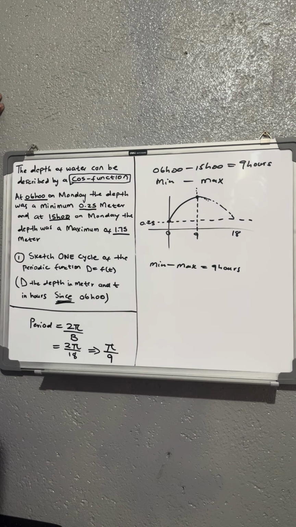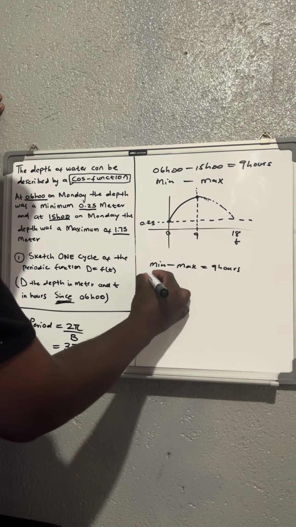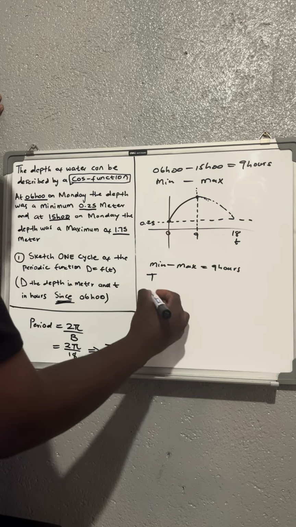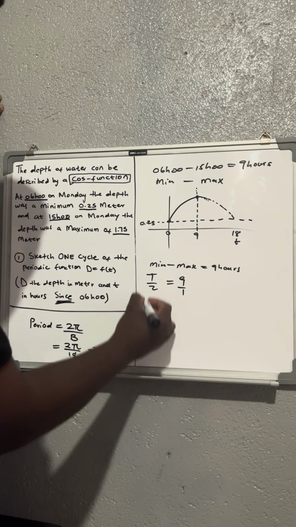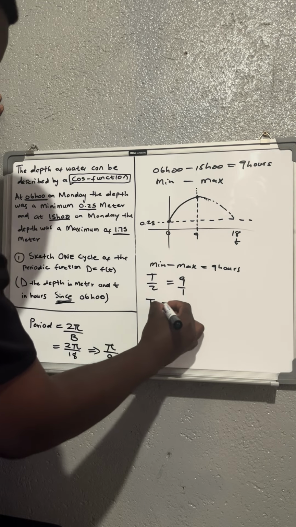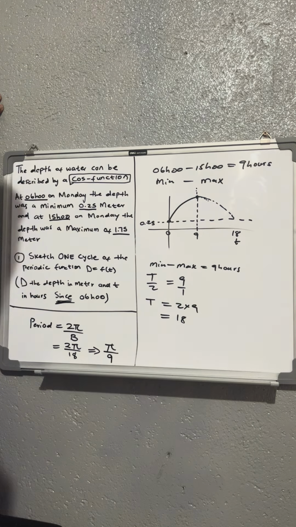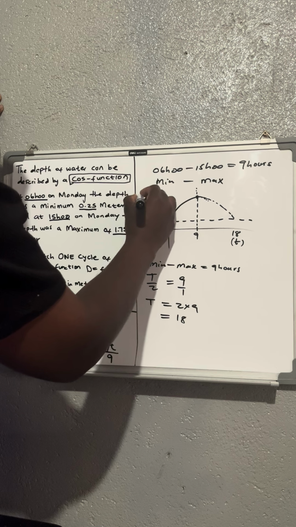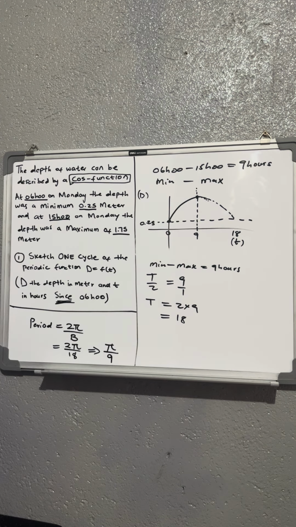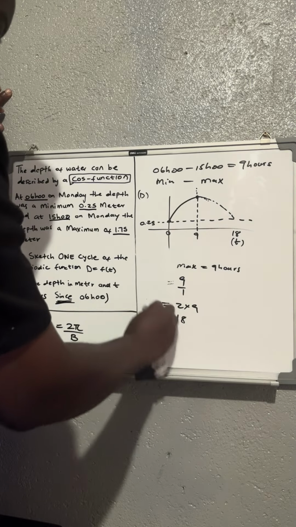So now you're going to say you have t over 2 equals 9 over 1. Then you cross multiply, you'll see that t equals 2 multiplied by 9. Then this will give you your 18. So remember, here we're having our t, and this line we're having our d. So that's one way to explain it.